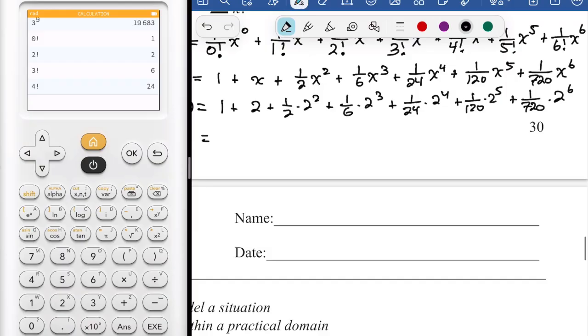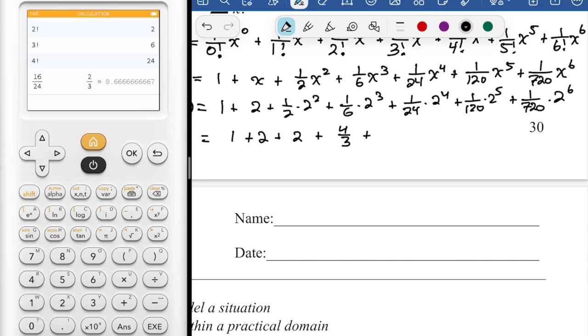All right, so 1 plus 2 plus another 2 plus 8 over 6, all right, so 4/3, plus 16 over 24 is 2/3, plus 32 over 120, 4/15, plus 2 to the sixth is 64, divided by 720 is 4/45.